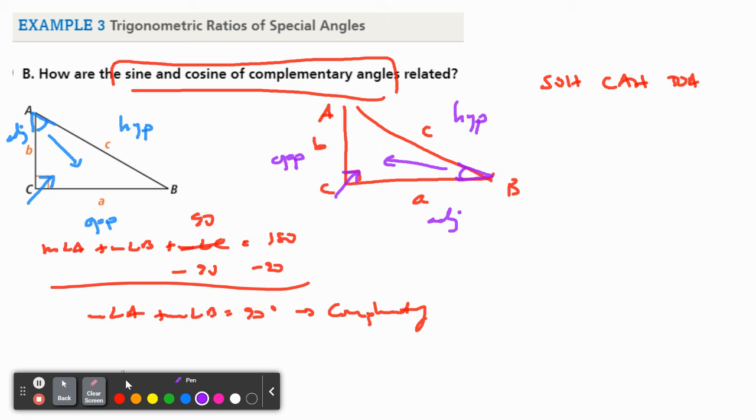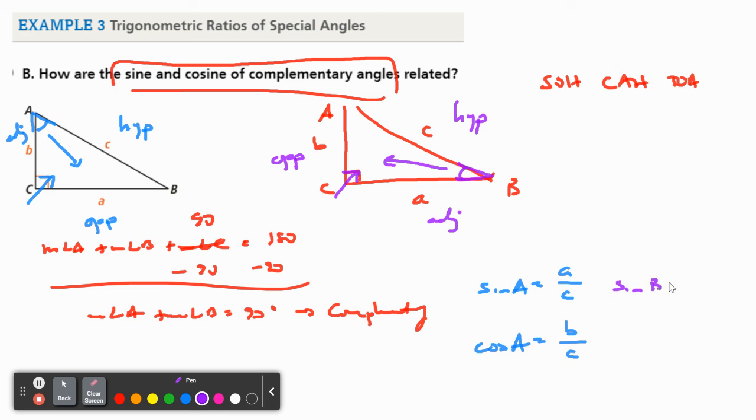That's important. Okay, so let's do the sine and cosine for angle A. So the sine of angle A is equal to opposite over hypotenuse. So its opposite side is lowercase a, its hypotenuse is C. The cosine of angle A is equal to the adjacent over the hypotenuse. That's this lowercase b and lowercase c. Okay, now let's look at the sine and cosine for angle B over here.